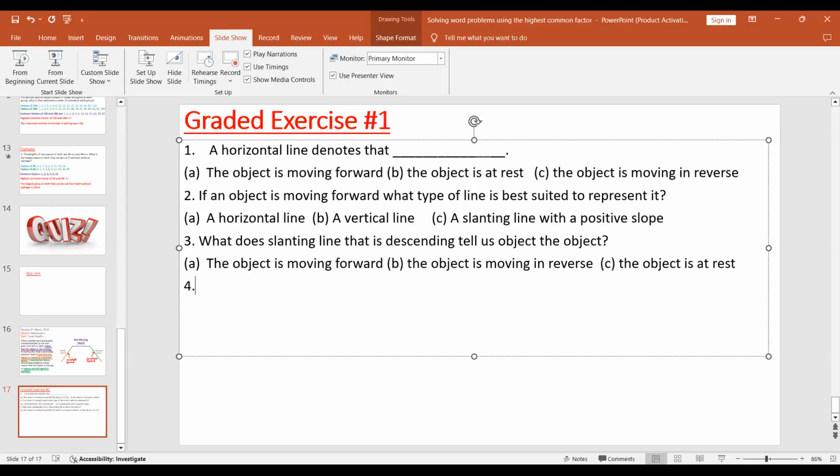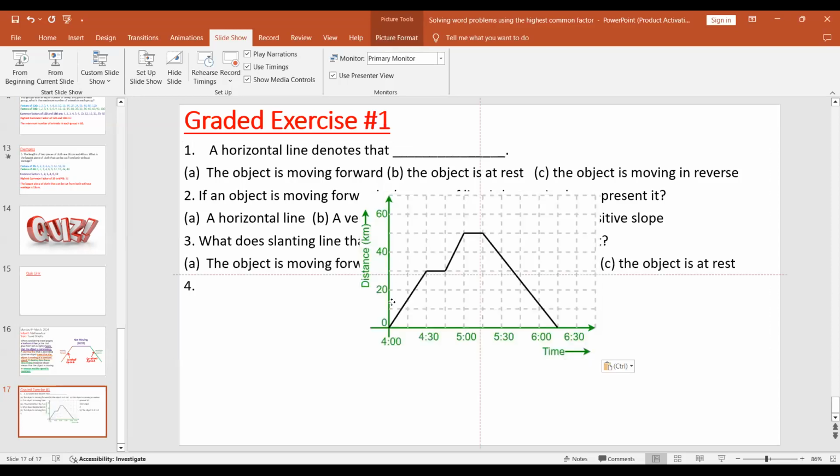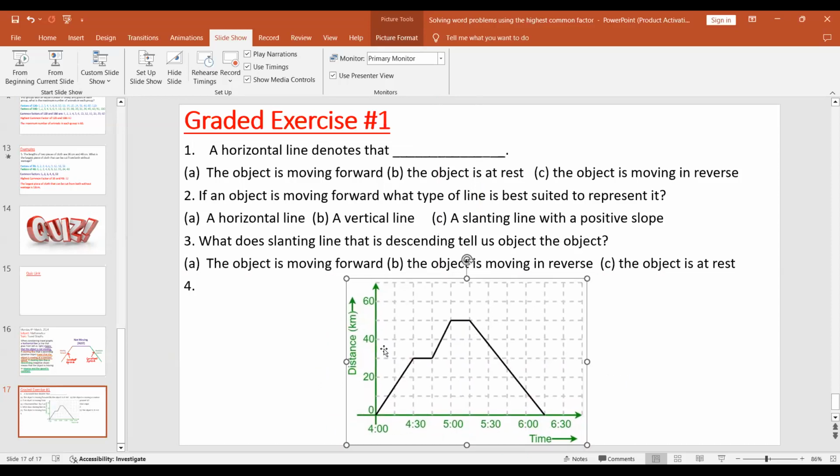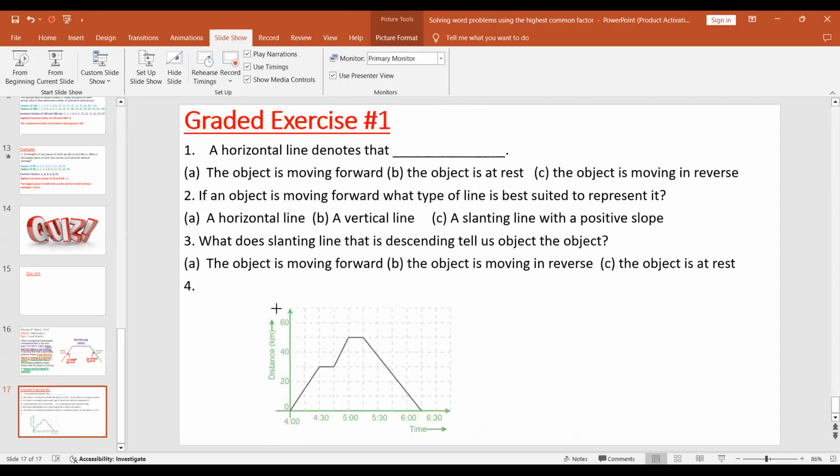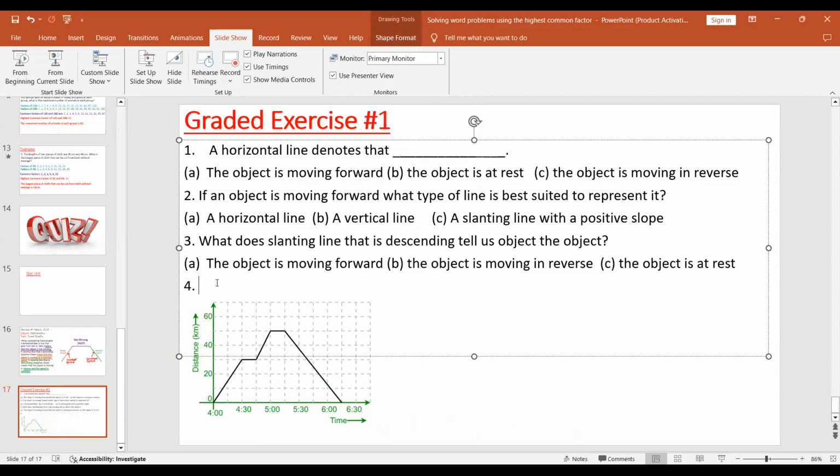Number 4, on the graph below. Can I find in the graph below?